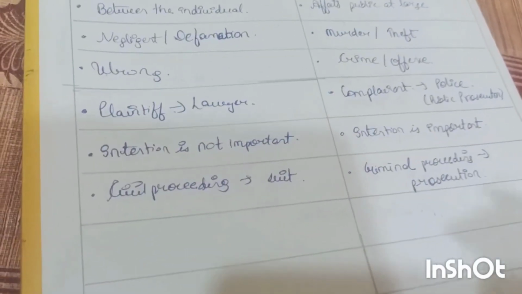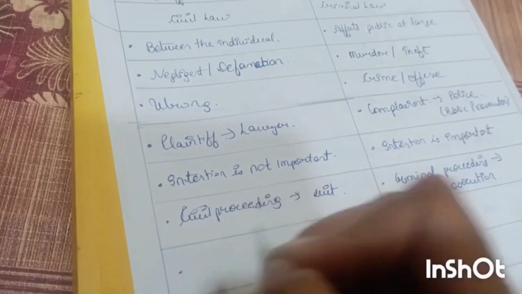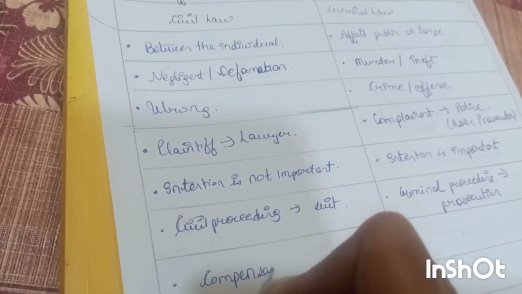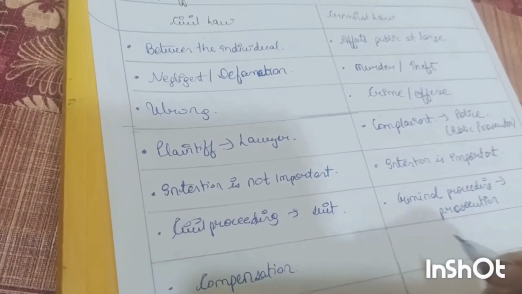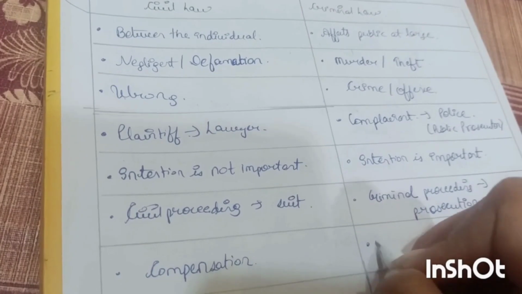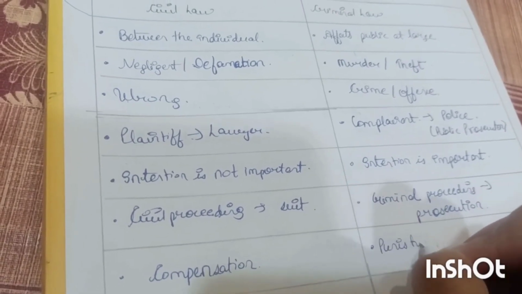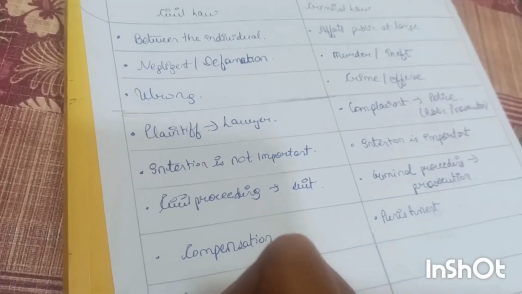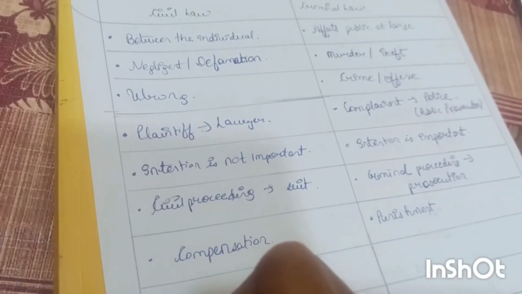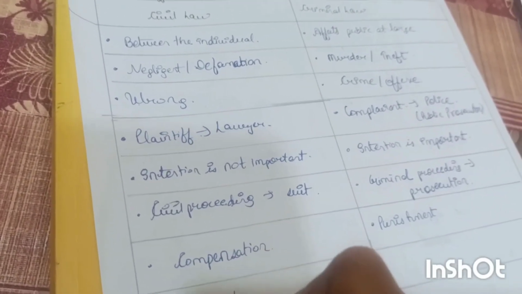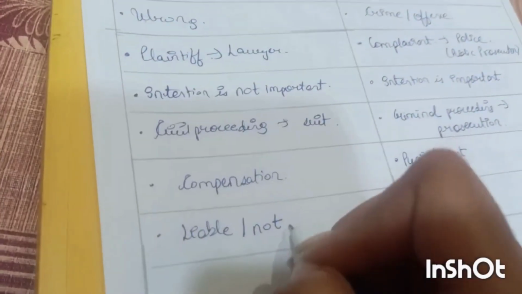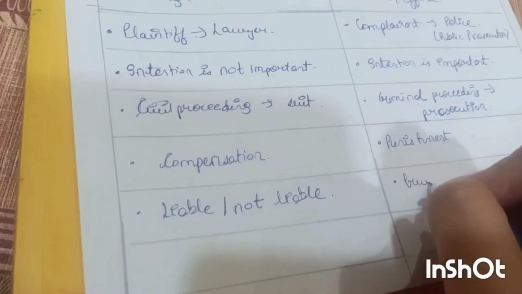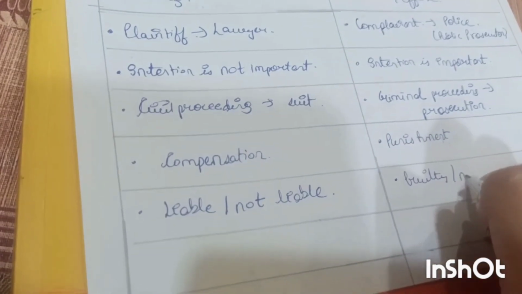In civil cases compensation is given, and in criminal cases punishment is given. In civil cases we see whether they are liable or not liable, and in criminal cases we see whether they are guilty or not guilty.